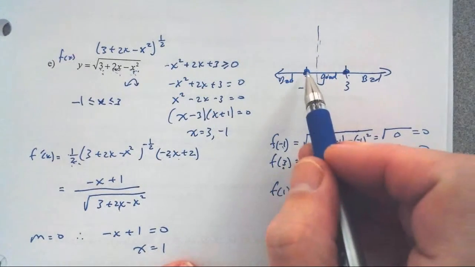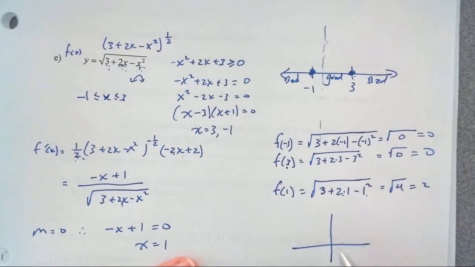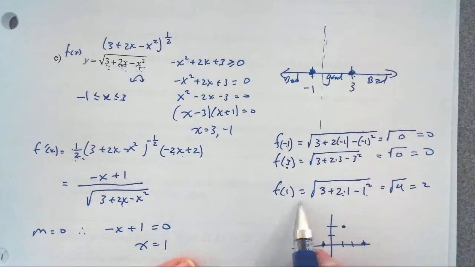So if I know my graph only exists here and here, if I'm setting up kind of a two-dimensional graph here, I know -1 and 3 are zeros. I know I've got a point at 1, 2.